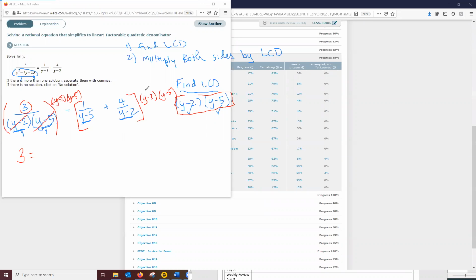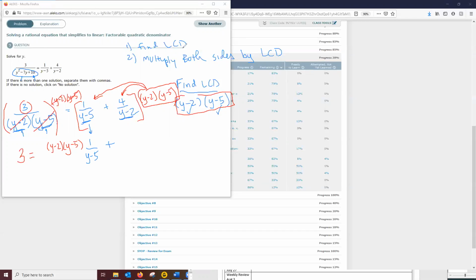All right, on the right-hand side, I got to be careful because this red y minus 2, y minus 5 has to really multiply inside as like a distributive property. So I'm going to write that all out. So I have a y minus 2 times y minus 5, and that's going to be multiplying this 1 over y minus 5.